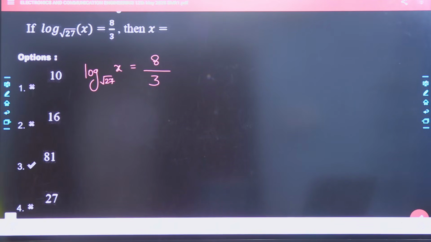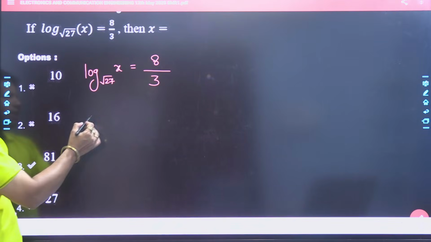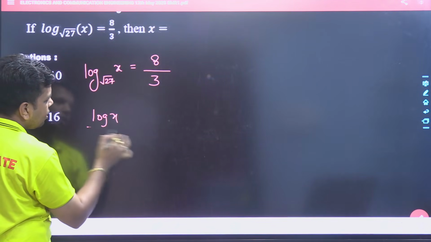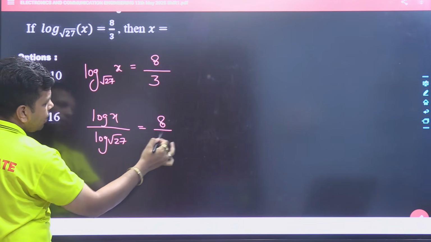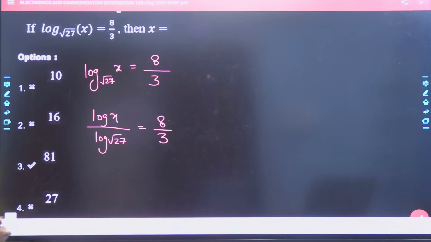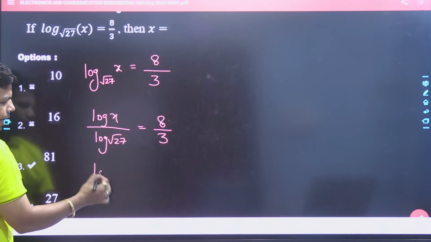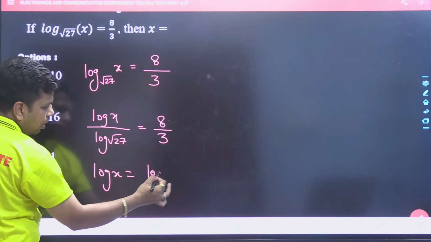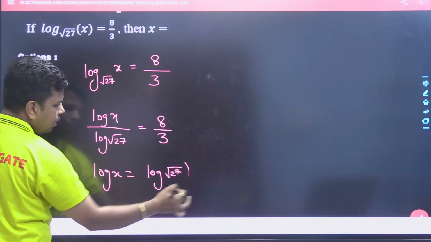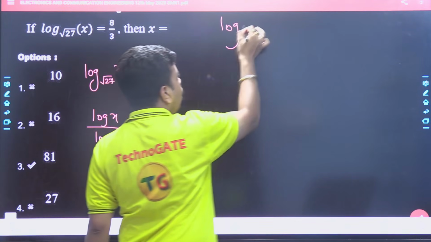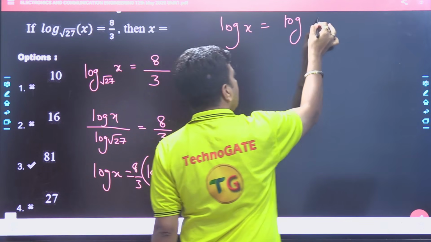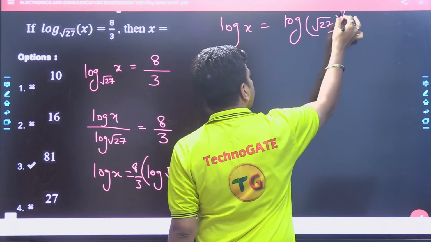So we can write log x by log square root 27 is equal to 8 by 3. So log x is equal to log square root 27 multiplied by 8 by 3. So we can say that log x is equal to log of square root 27 to the power 8 by 3.